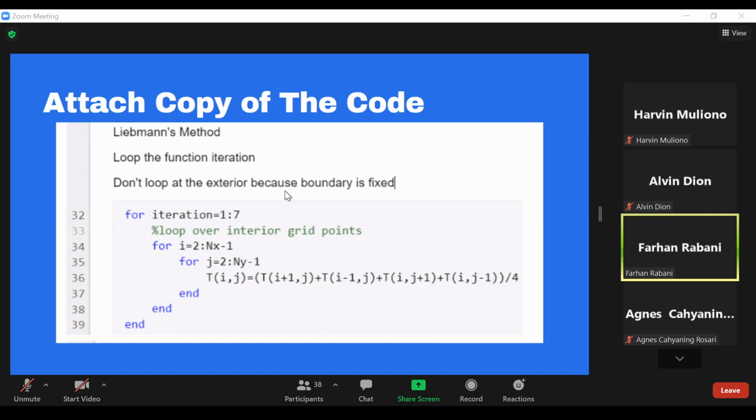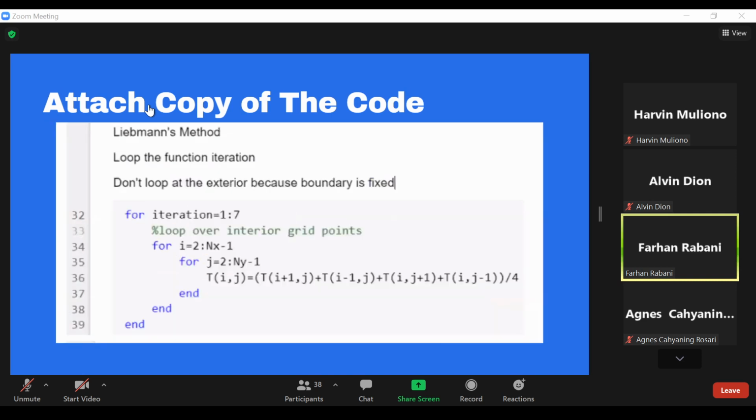And the equation is T(i,j) equals T(i+1,j) plus T(i-1,j) plus T(i,j+1) plus T(i,j-1), all of that divided by 4, and we end the code.